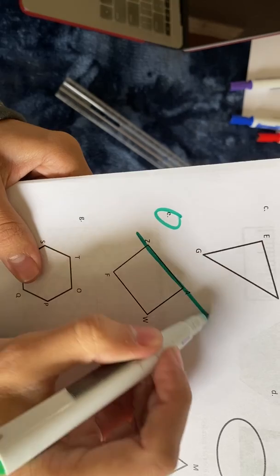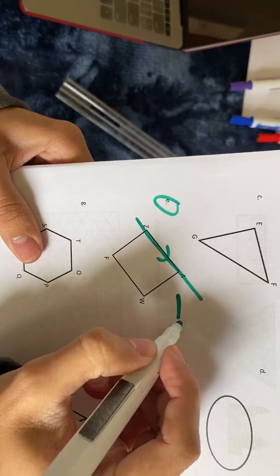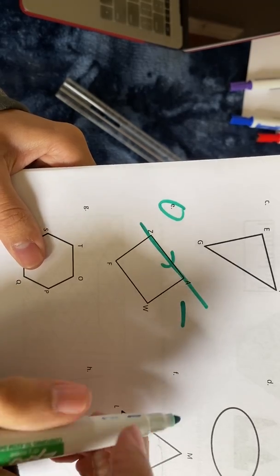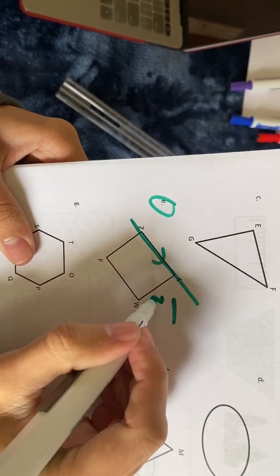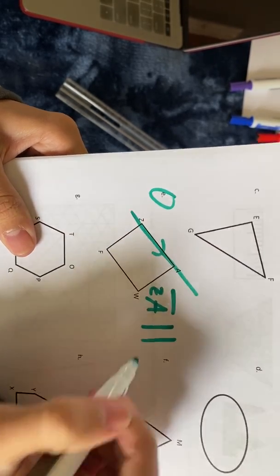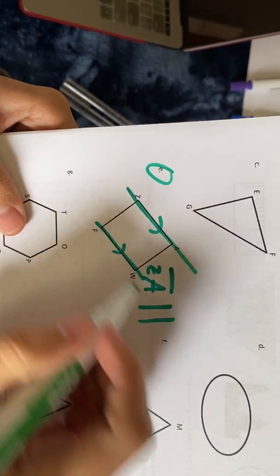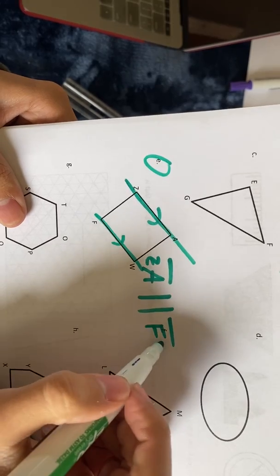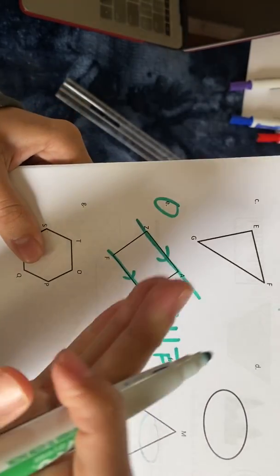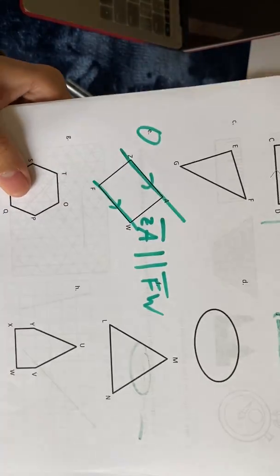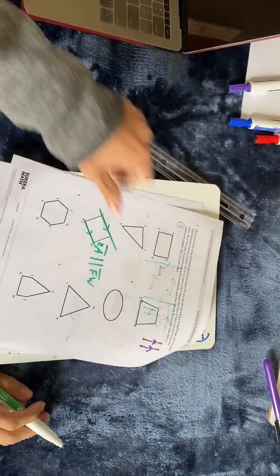I found line ZA. Actually, it's a line segment, because it has a beginning and an end. So it is line segment ZA. It's parallel to line segment FW. Of course, there are a lot more in this square, but that's the one that I'm going to choose to write down.